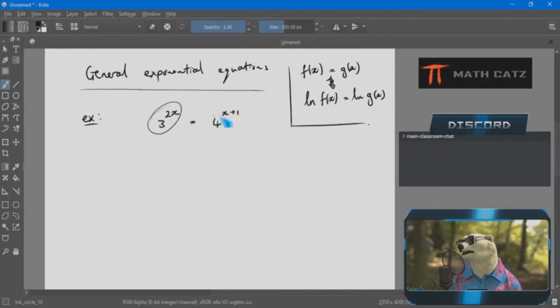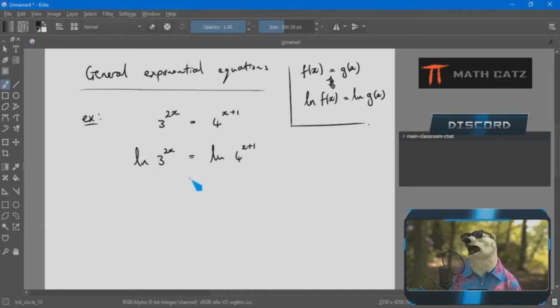I have a left-hand side equal to a right-hand side. It doesn't matter what they are. Then the log of the left-hand side is necessarily going to equal the log of the right-hand side as well. Of course, assuming the function is defined there, and because these are exponential expressions, they're all positive, so everything's good.